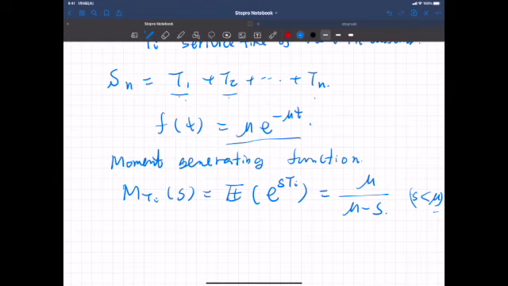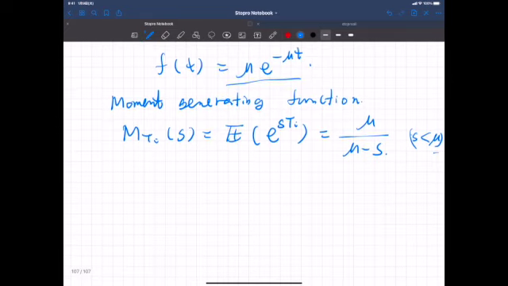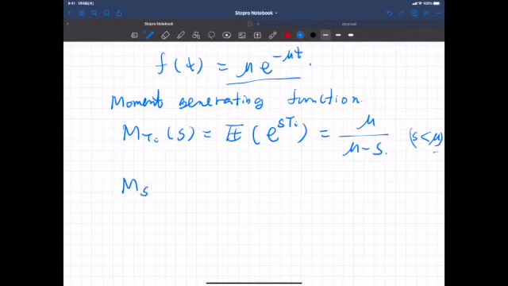Okay. Then, if you know this, you should also know that T1, T2 up to Tn are independent. So these are independent and identically distributed random variables. So the moment generating function of Sn should be given by this, the nth power of this.